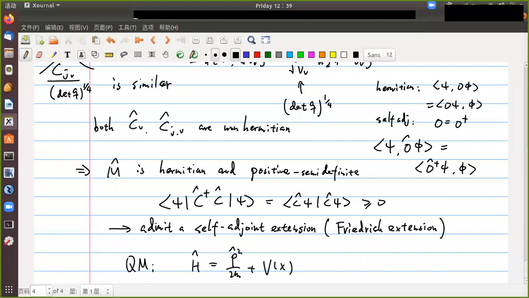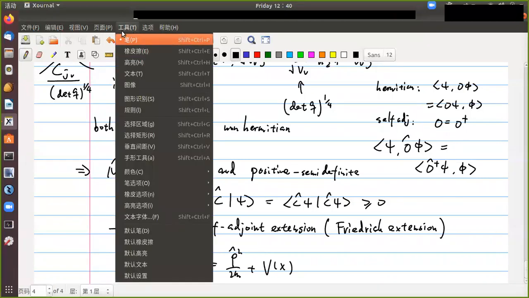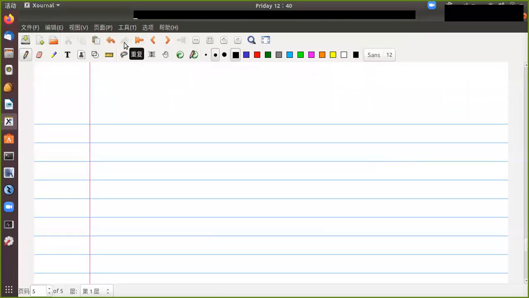Whenever you have an operator which is Hermitian and positive semi-definite, you can always find a self-adjoint extension, the Friedrichs extension. That guarantees that in quantum mechanics your Hamiltonian is self-adjoint, and you can find energy eigenvalues. So that's how it impacts even quantum mechanics. Probably it's not exactly answering your question, but it may help you understand this.